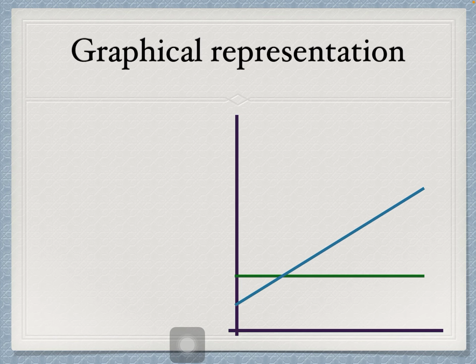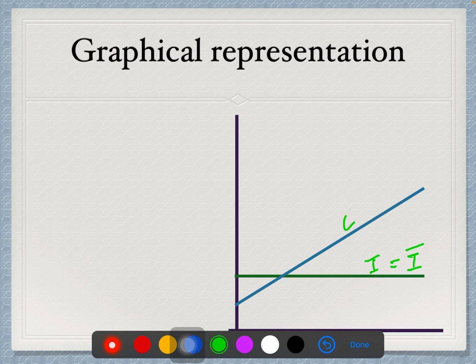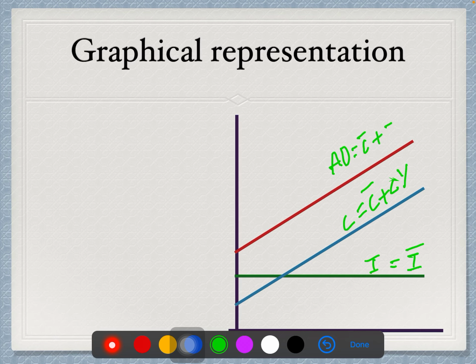The next curve is the consumption function, C is equal to C bar plus small c y. This is the consumption function curve you are already aware of. And the third curve is the aggregate demand curve, C bar plus I bar plus small c y.